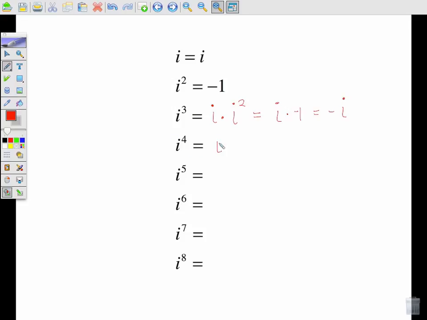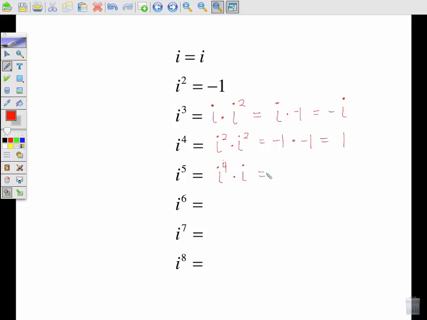i to the fourth, I can replace with i squared times i squared, and i squared is equal to -1, so -1 times -1 is 1. i to the fifth could be replaced with i to the fourth times i.